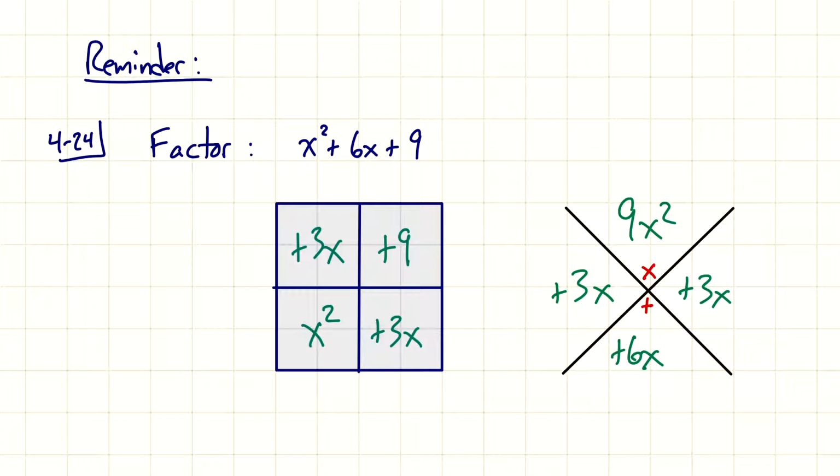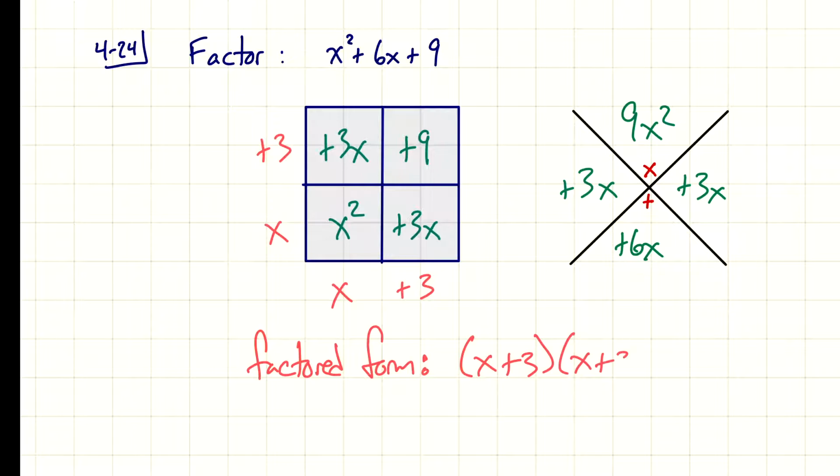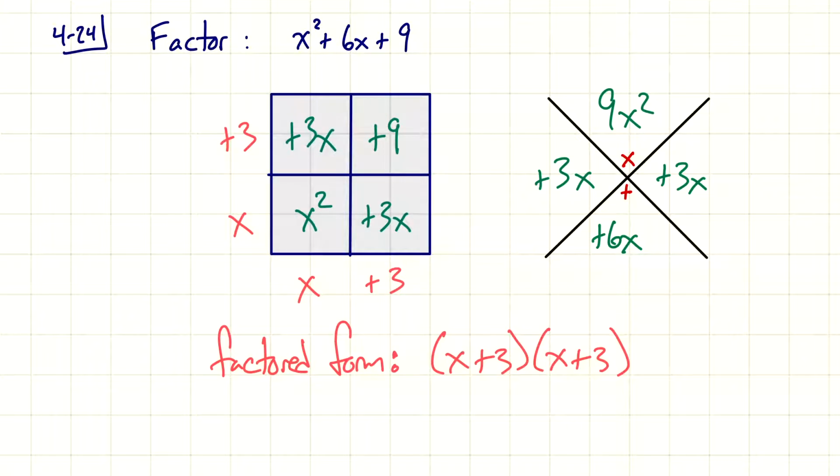which then gives us, on the outside, x times x plus 3 and a plus 3. All right, so then our factored form would be x plus 3 and x plus 3. All right, so this is the first time we've actually seen one where the two factors are the same.